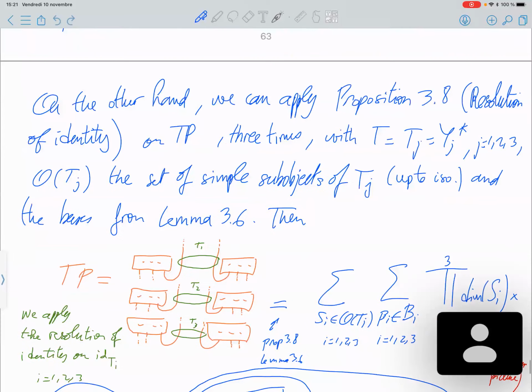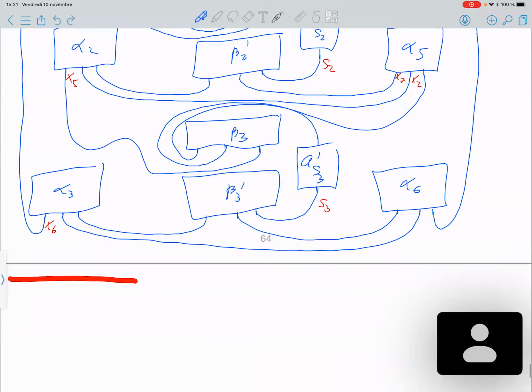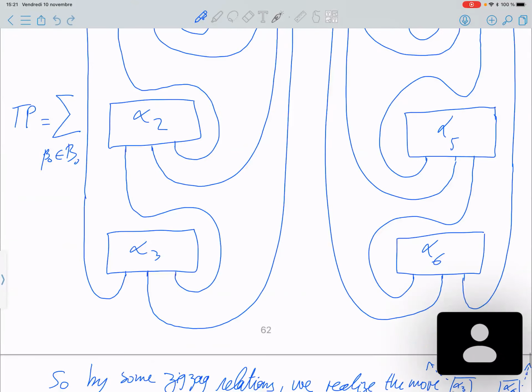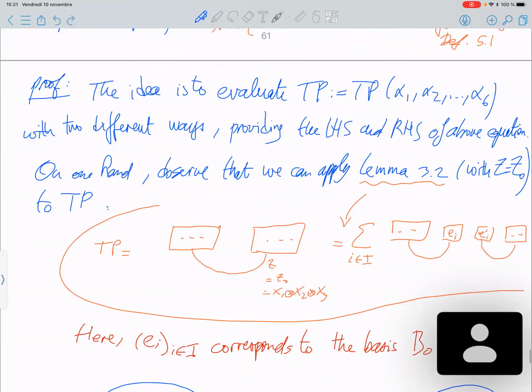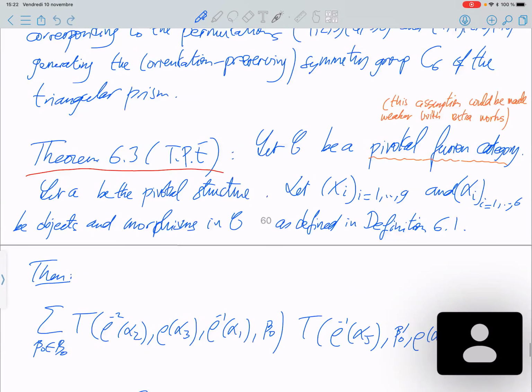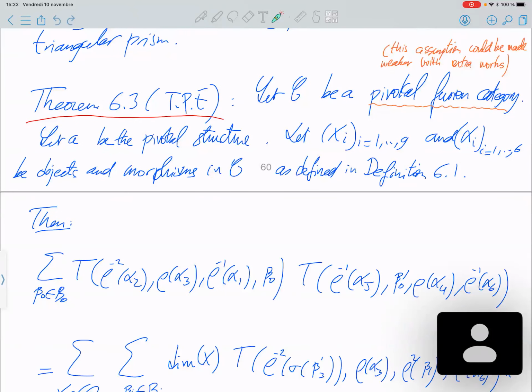Okay, so yesterday we finished with this big picture. We are in the proof of the triangular prism equation in general, at least the bigger generality in this paper, but I expect something even more general, but that was not required for this paper.